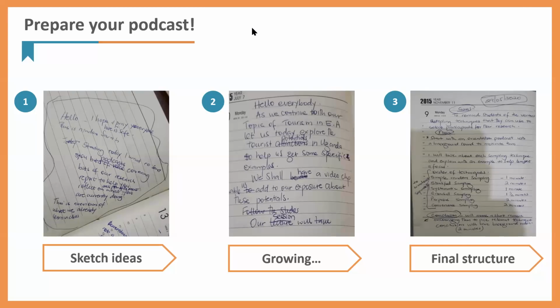Now, after you have grown your podcast, you come to the last stage, which we will call the final structure. In the final structure, you base on what you had in the second stage. Here, it means you're generating the final copy of what you really need to record yourself about.